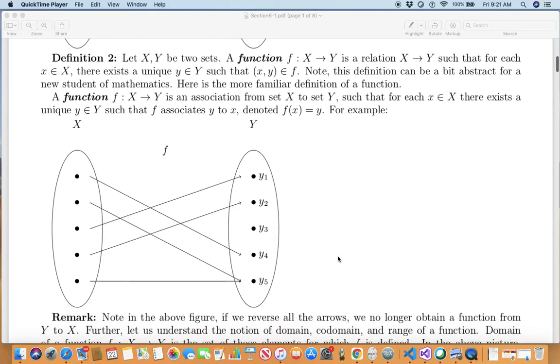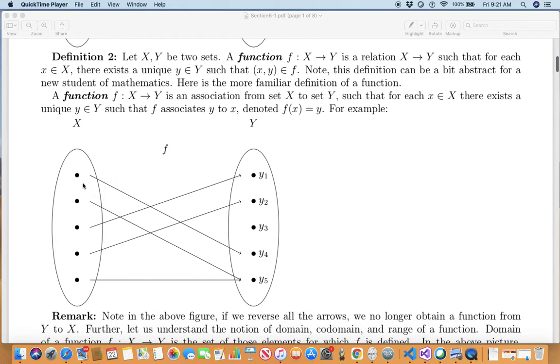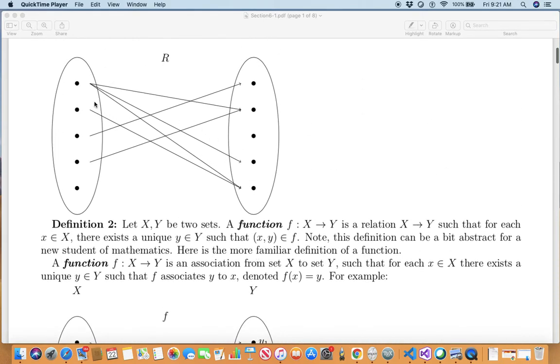For example, here is a function. Every element in set X is associated to somebody here, and uniquely. The first element here has only one place to go. Remember in the previous case, the first element had three associations.